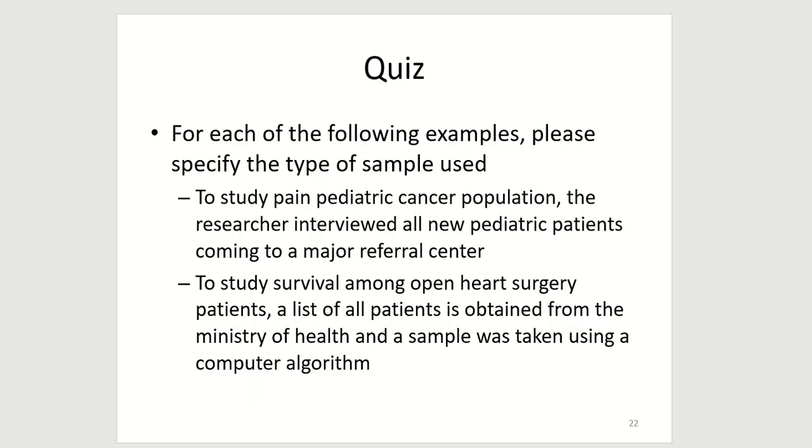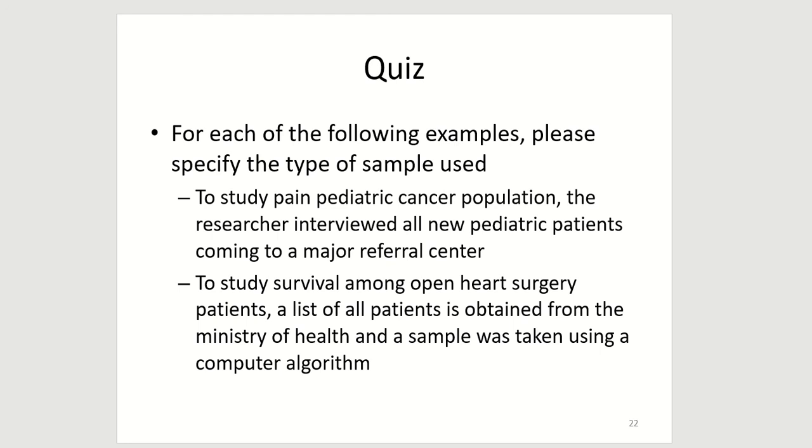Quiz. For each of the following examples, please specify the type of sample used. To study pediatric cancer population, the researchers interviewed all new pediatric patients coming to a major referral center. If you want, pause the video, find the answer on your own, and then come back. The answer is that this is most likely a convenient sample.